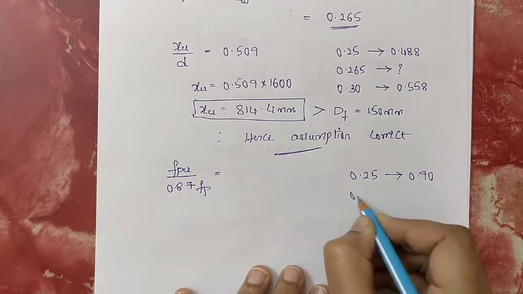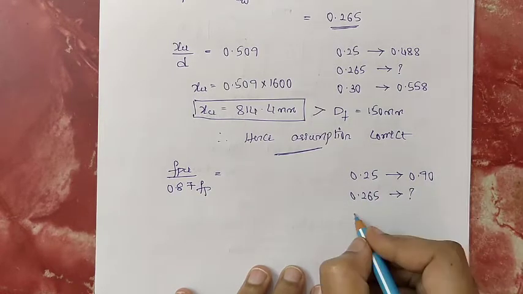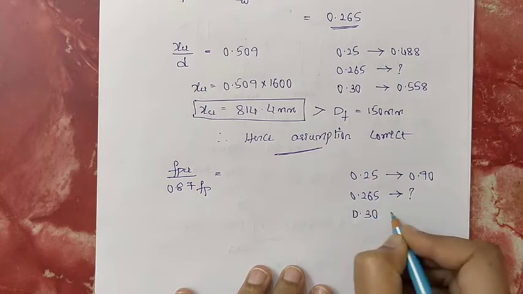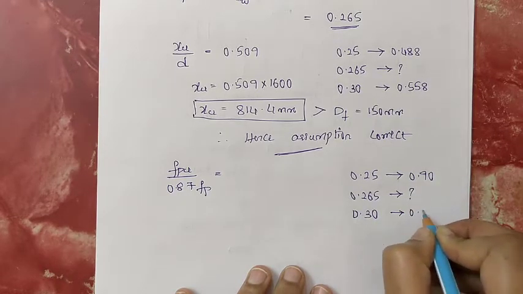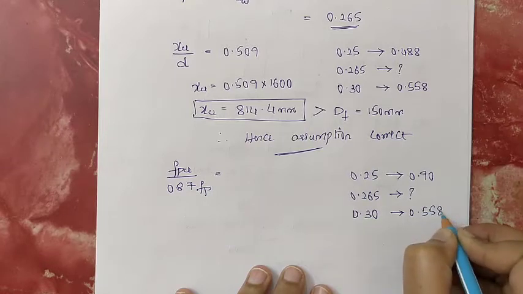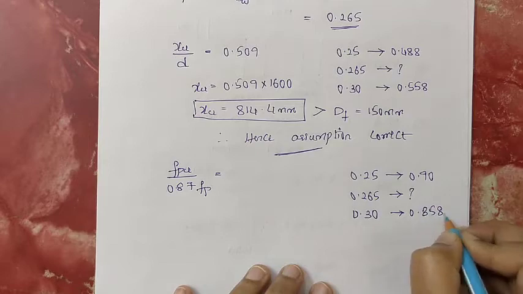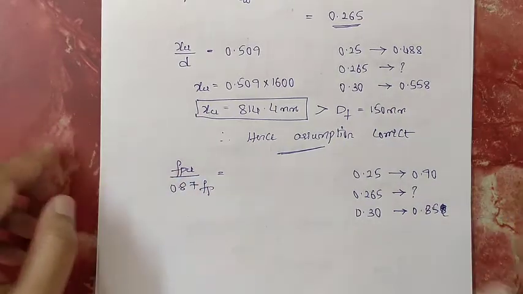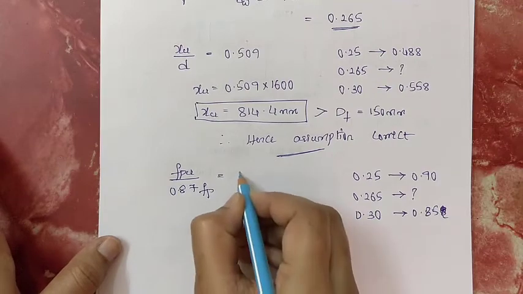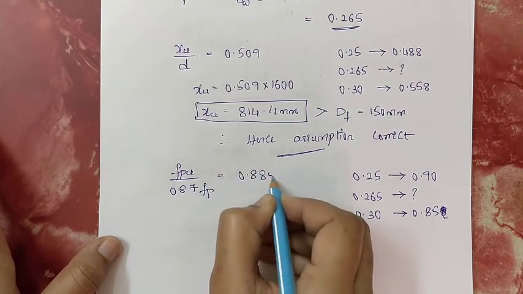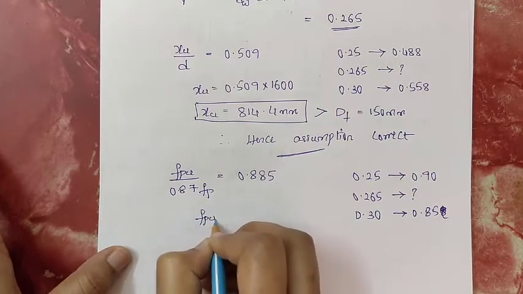You need to calculate for 0.265. For 0.30, FPU by 0.87 FP value is 0.85. Upon interpolation you will get 0.885.